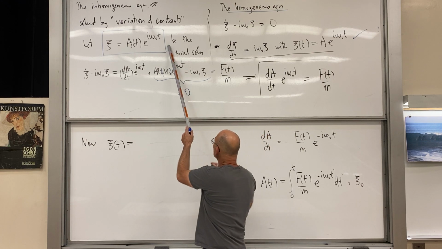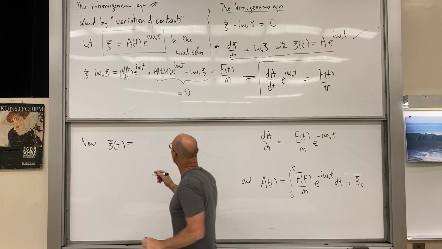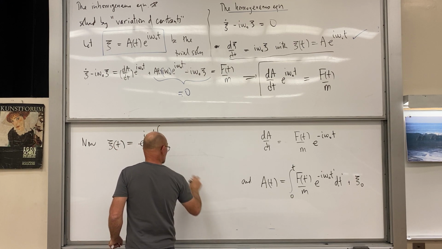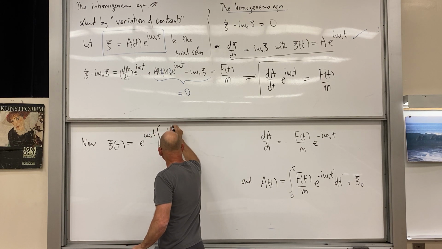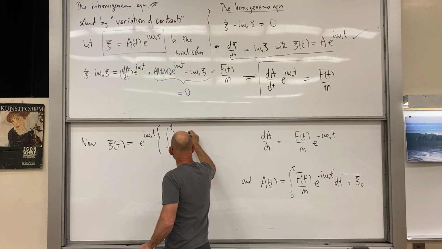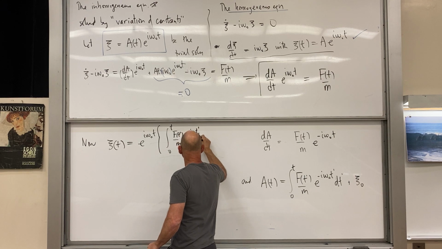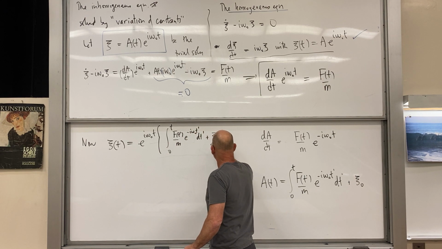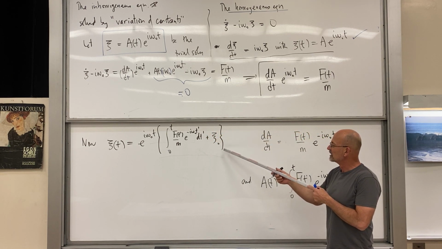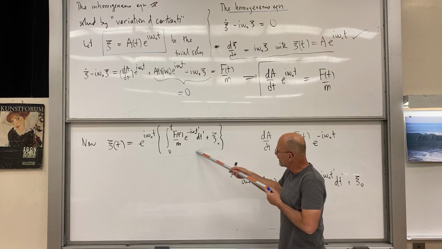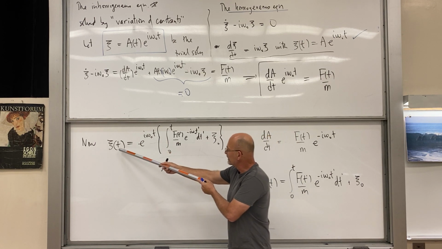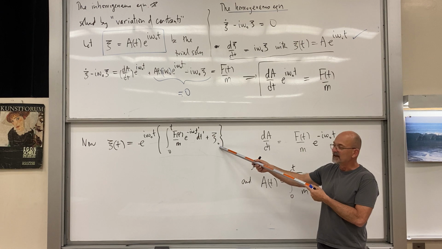We'll go ahead and multiply this on the left side, so e to the i omega naught t, and then I'll put this in parentheses: the integral from 0 to t of f of t prime over m, e to the minus i omega naught t prime, plus this initial condition. This clearly becomes the initial condition. When t is equal to 0, this entire integral is 0. This is 1, right? e to the 0 is 1, and we have c of t equals its initial condition.